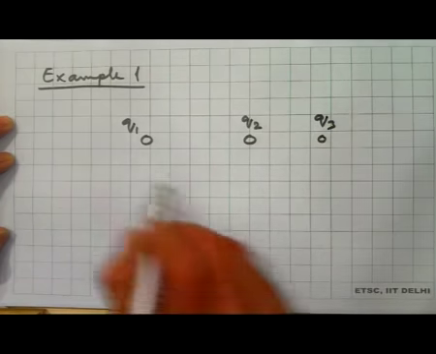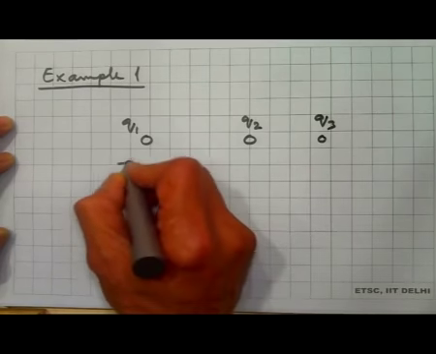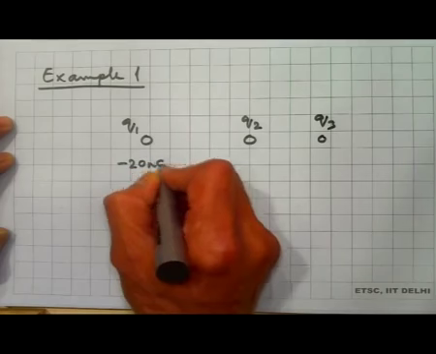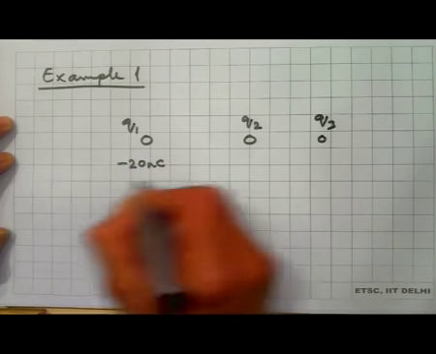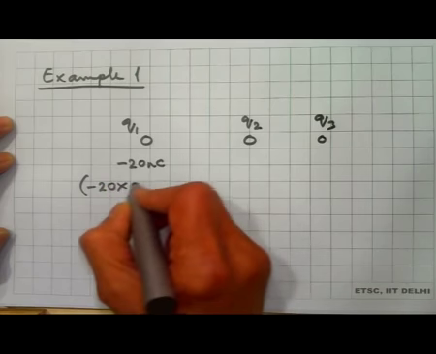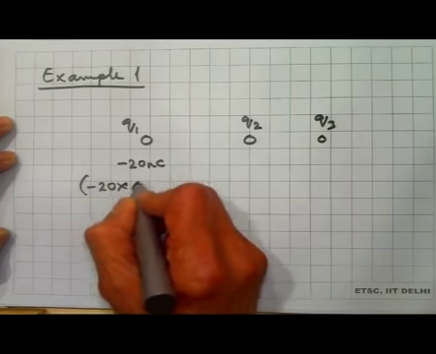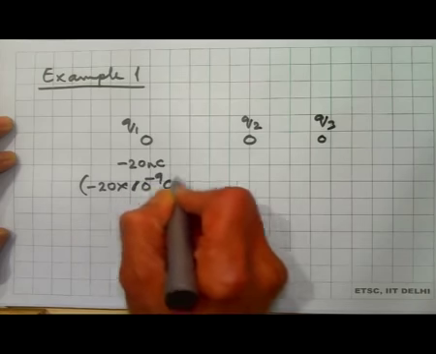Now, as an example, I am taking all the 3 charges along one line. Let me write this as minus 20 nanocoulomb. So, this is actually minus 20 into 10 to the power minus 9 coulomb.